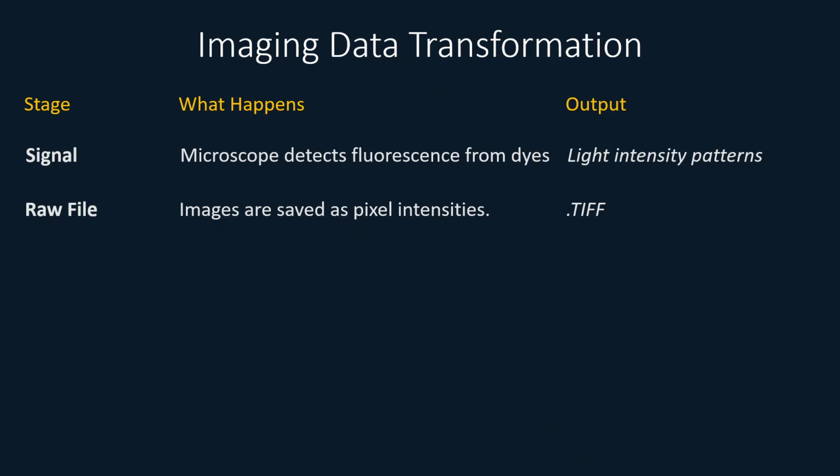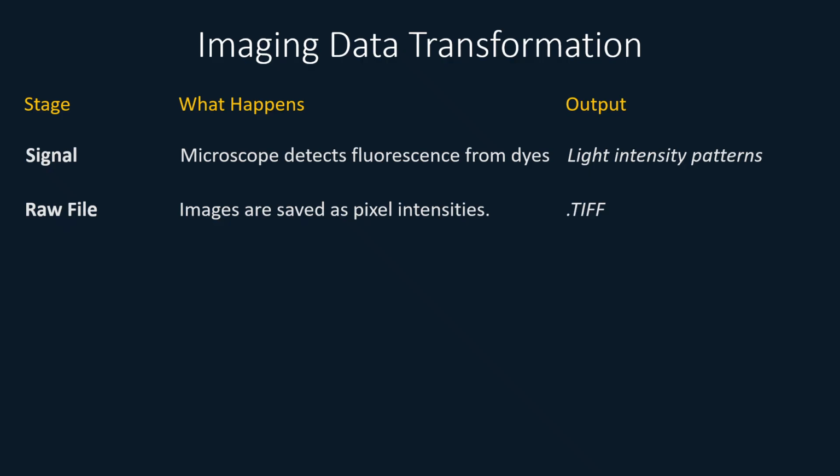Those signals are stored as TIFF images, capturing pixel intensities across the field of view. Even at this stage, experimental choices matter, like exposure time, illumination drift, and focus. All these differences across plates can produce batch effects before any analysis even begins, right?